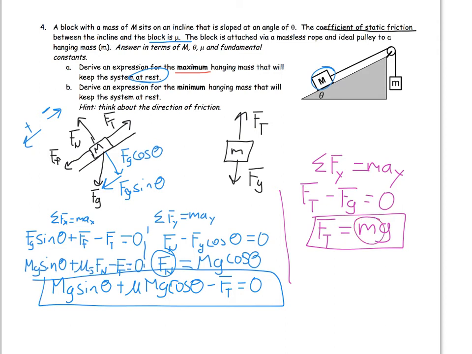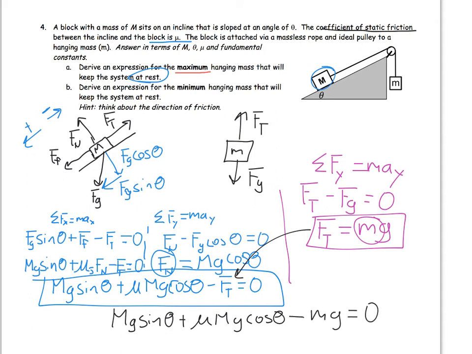Okay, so I'm going to substitute in that Ft into that equation, so I get big mg sine of theta plus mu big mg cosine of theta minus little mg equals 0. The g's all divide out here, and I solve for m, and I get big M sine of theta plus mu big M cosine of theta equals little m.